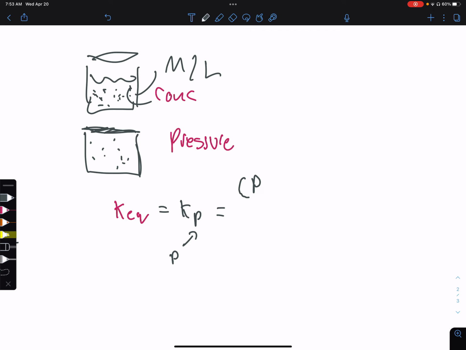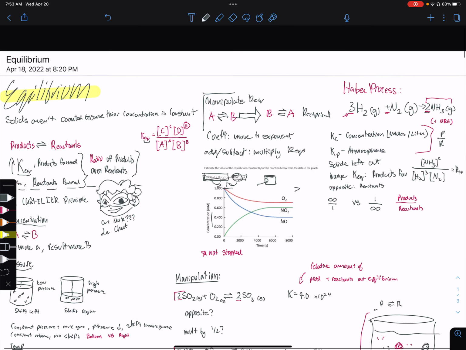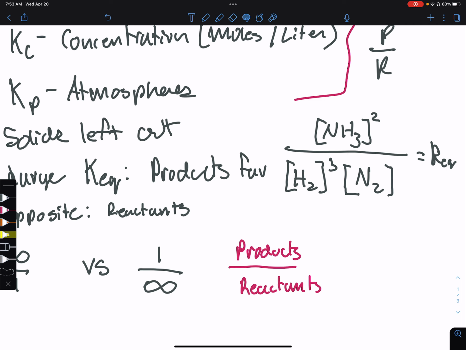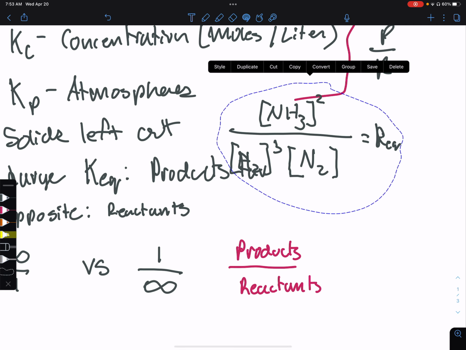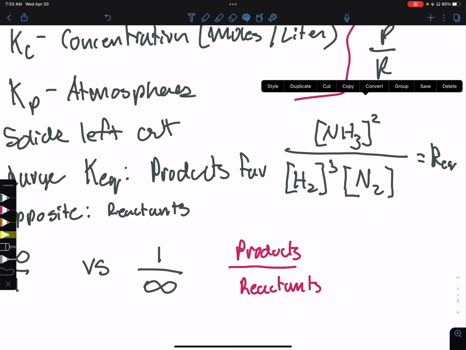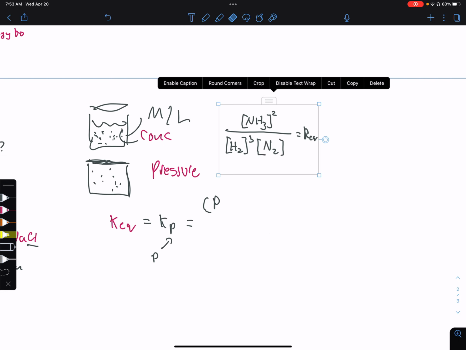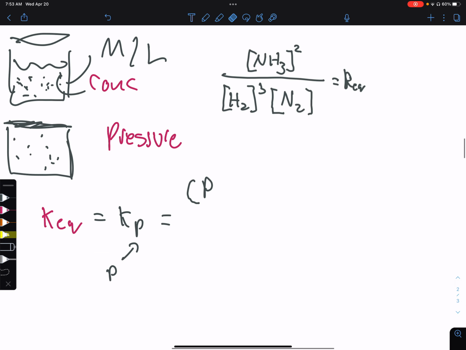If we had the Haber process here, I'm just going to copy this and move it down there. Paste. If we had our Haber process, this would look like P, with a subscript NH3, and this becomes a 2.